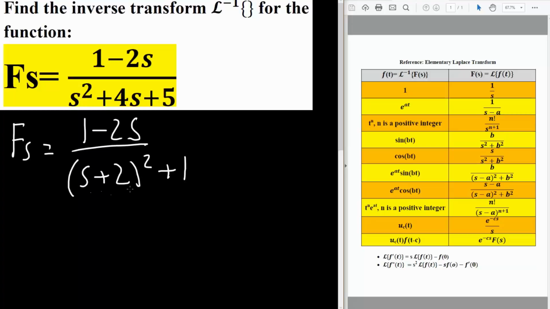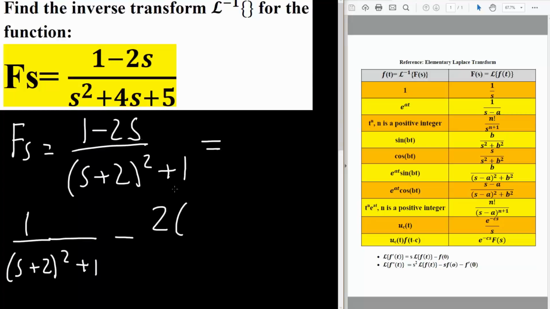And so it's equivalent, and we need to break this down even further because this relationship right here isn't connected anywhere here. But if we say it is equal to 1 divided by (s plus 2) squared plus 1 minus 2, now instead of just s, we'll say s plus 2 because this will relate to this.